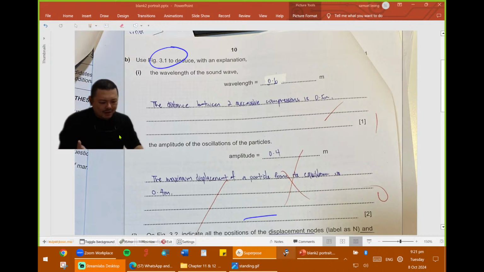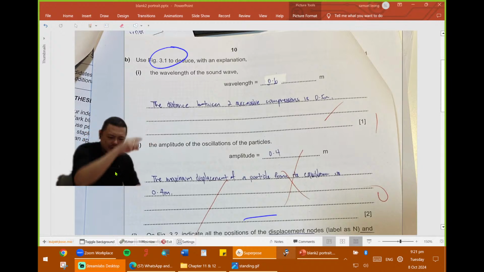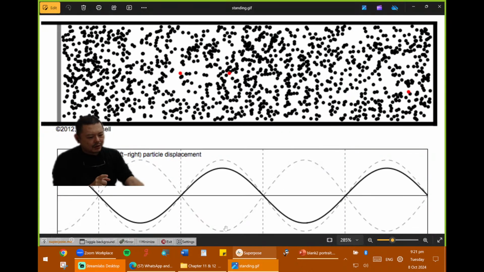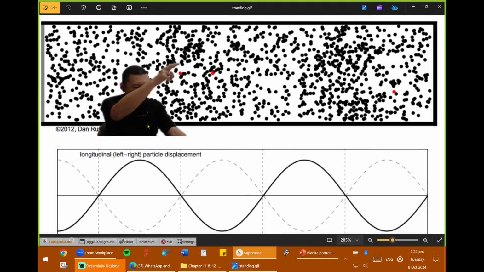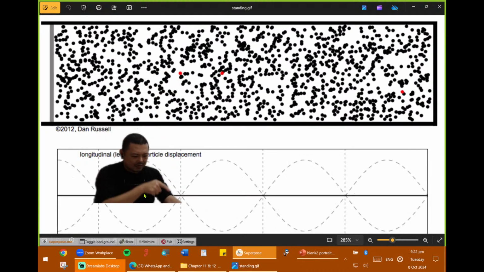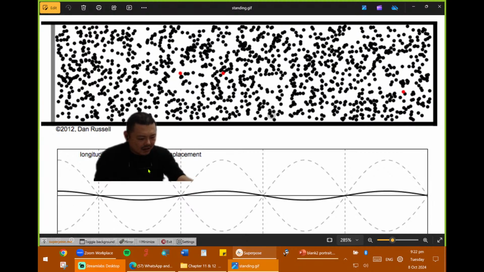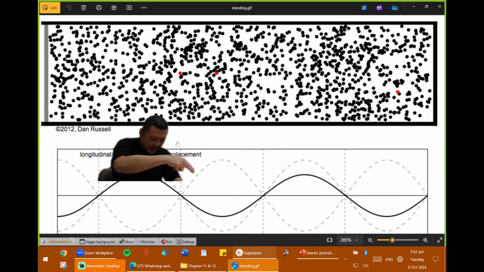You know why I suspect that they weren't asking you for the amplitude of figure 3.2? Because for figure 3.2, every different particle has a different amplitude. You see this particle has no amplitude, whereas this particle here has a certain amplitude.